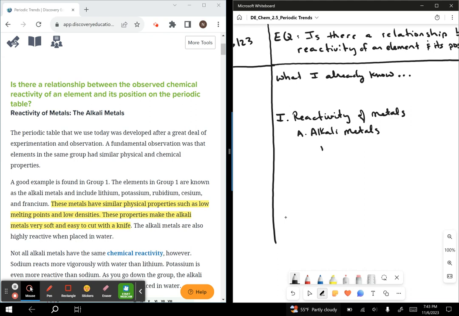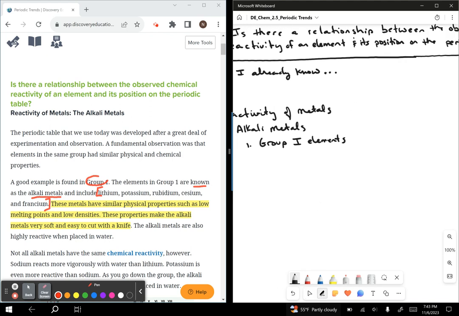They are the group 1 elements. And if I take my pen over here, we're talking about group 1, known as the alkali metals. And what do they include? They include lithium, potassium, rubidium, cesium, and francium.